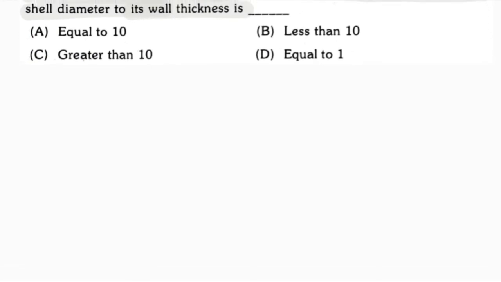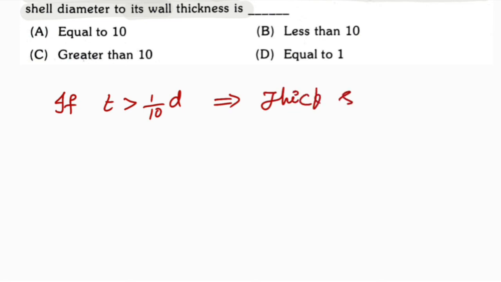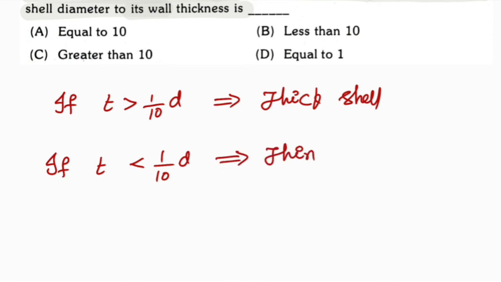As you know, my dear friends, if thickness of the wall is greater than 1 by 10 times the diameter of the vessel, that is called thick shell. Similarly, if the thickness of the vessel is less than 1 by 10 times the internal diameter of the shell, that is called thin shell or thin cylindrical shell.